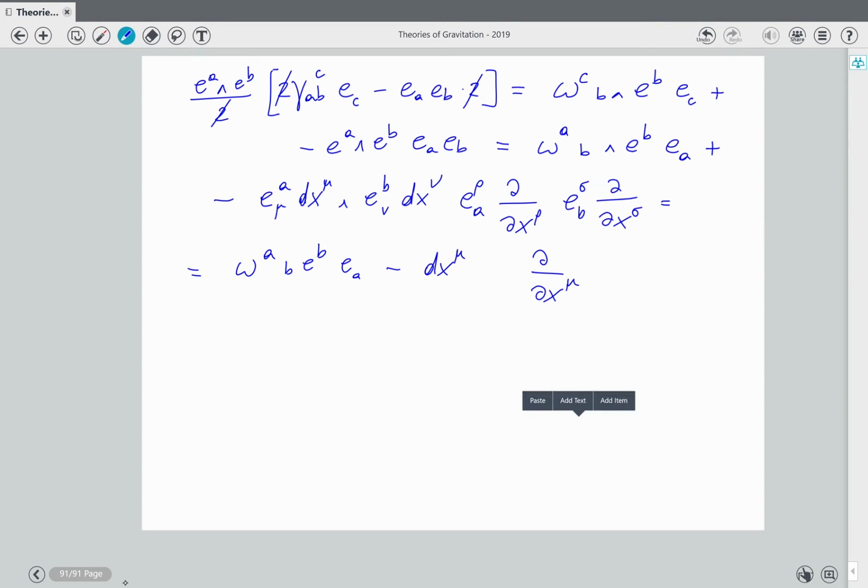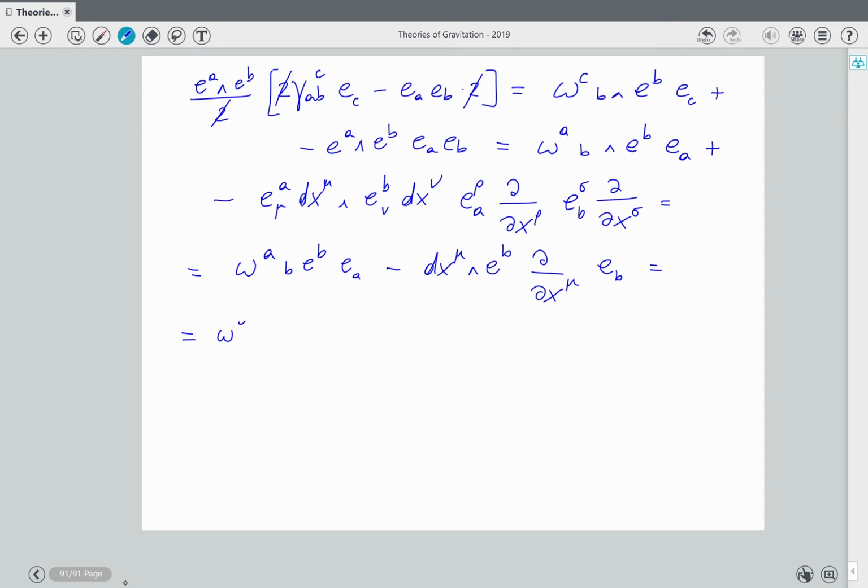Do we have another contraction? Yes, maybe. EB nu, EB sigma. However, we cannot contract here because there is a derivative acting outside. So it's better to leave it like that. EB, EB. Then we will do something on it, but not at the moment.